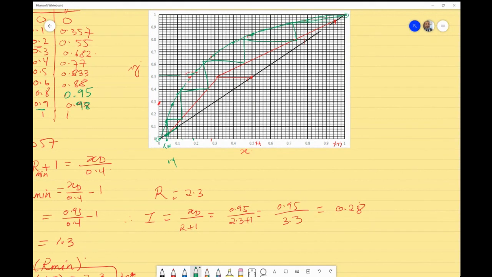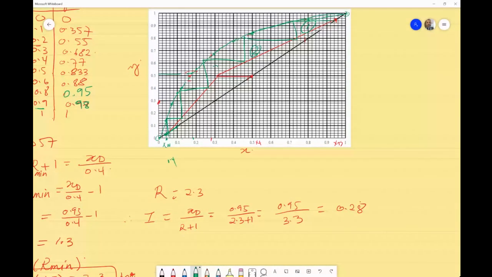So your feed stage now is number 3 instead of number 4, and you have 5 stages, because that last one is going to be your reboiler. Our calculation based on Ponchon-Savarit found it to be 7 stages. So as you see here, the difference shouldn't be that much, even with just hand drawings.